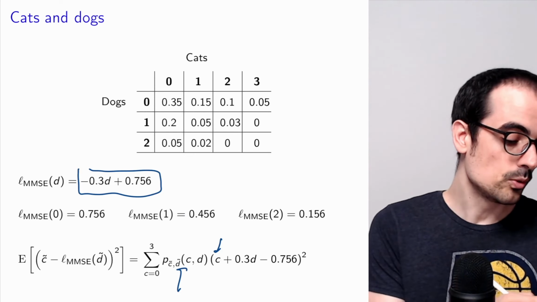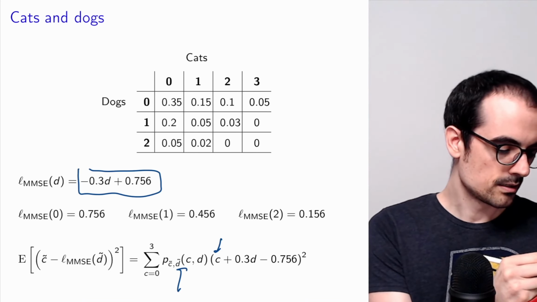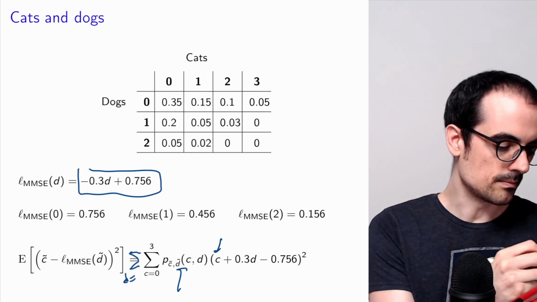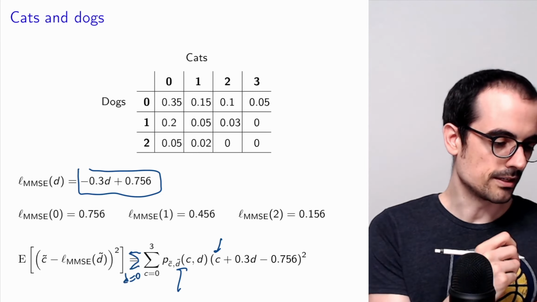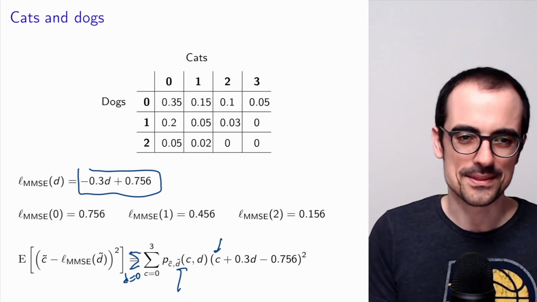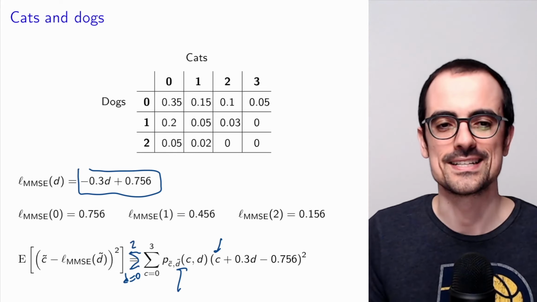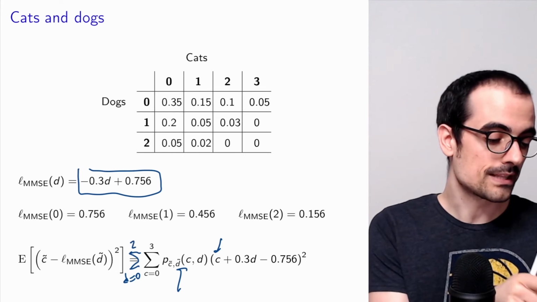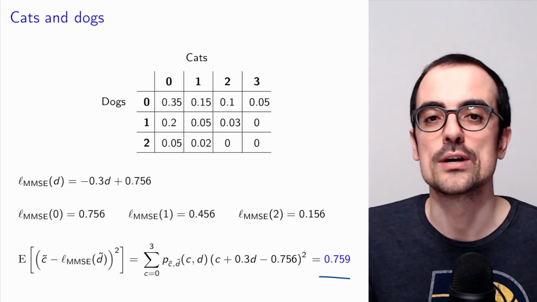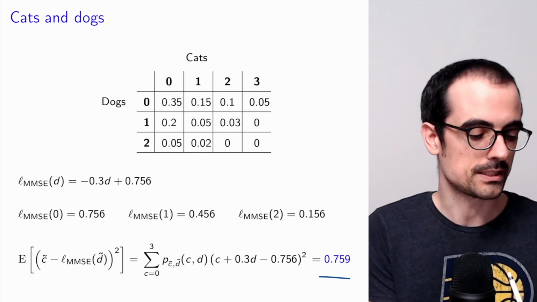By the way, we also need to sum over the number of dogs. It's incredible because I have looked at these slides over and over, and there's always something that escapes me. When we sum all of that, we get an MSE equal to 0.759. That's the mean squared error for our linear estimator.